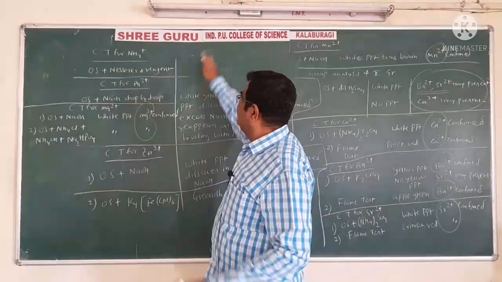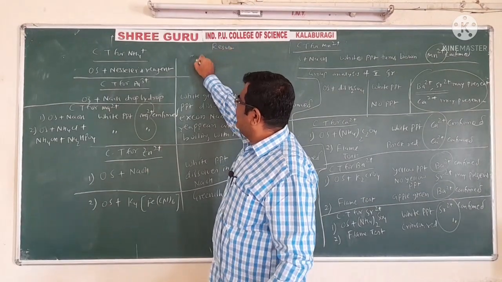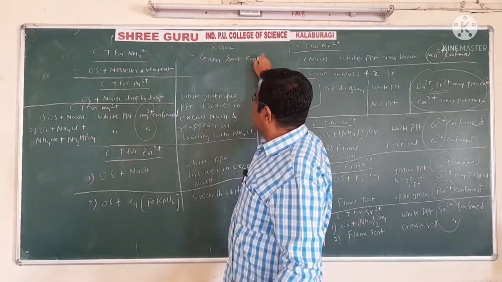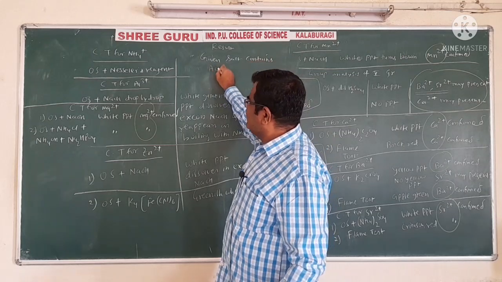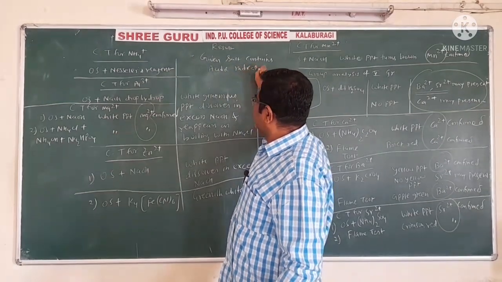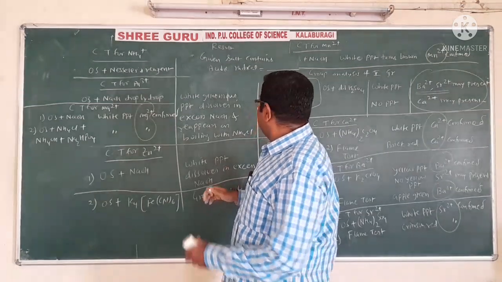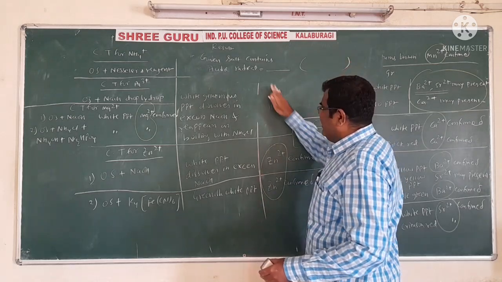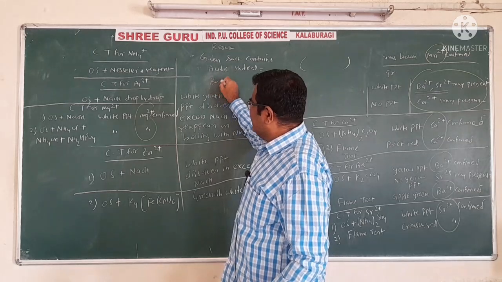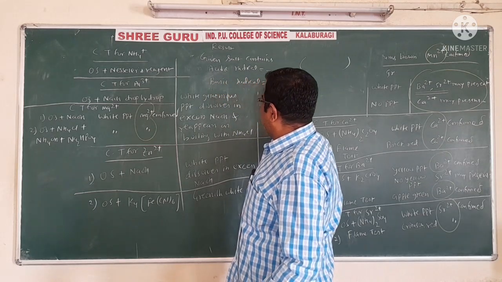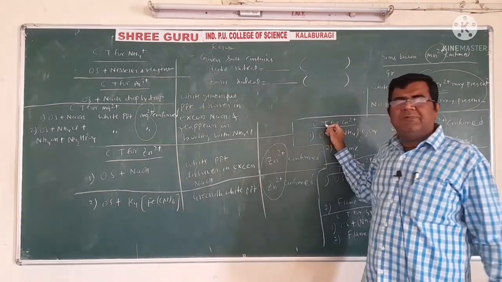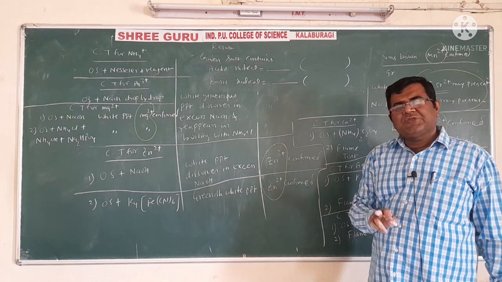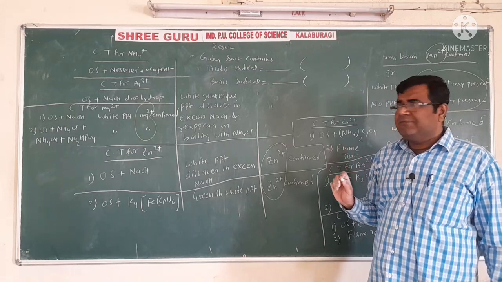So in the result, you have to write that the given salt contains acidic radical. First you obtain the acidic radical, its formula and its name. Write its name also in bracket: carbonate, chloride, bromide, nitrate. Then basic radical and its name: ammonium, aluminium, zinc, manganese, barium, calcium, strontium, magnesium, out of any one.